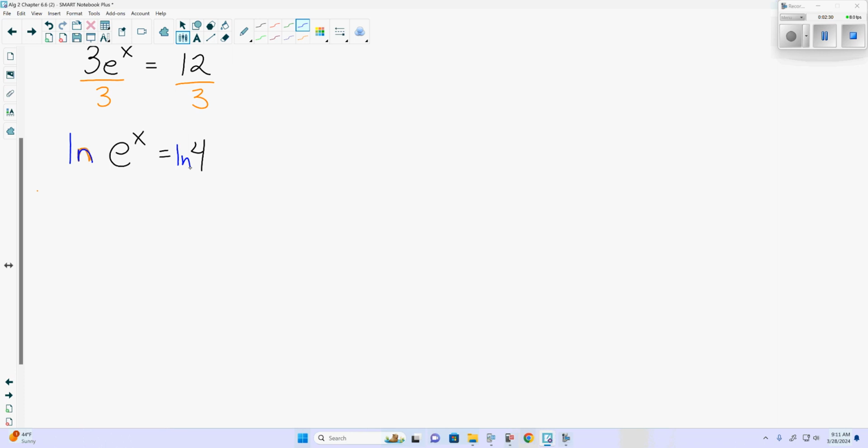We're going to apply ln to both sides. And the reason we do this is because ln of e to the x is going to reduce to x, because the natural log of e is 1. We move the exponent out front, leaving us with x is equal to the natural log of 4.